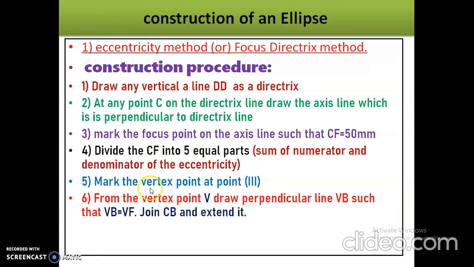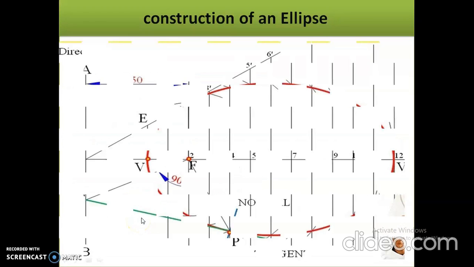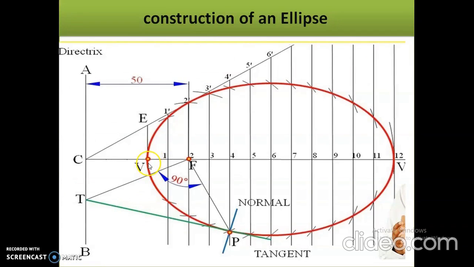Next, the sixth point. From the vertex point V, draw the perpendicular line VB such that VB is equal to VF. From the vertex point we draw the line VB.